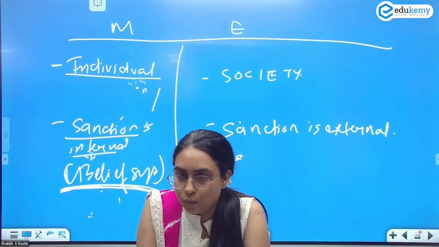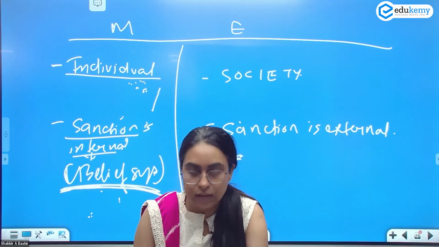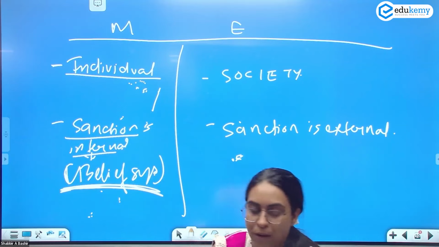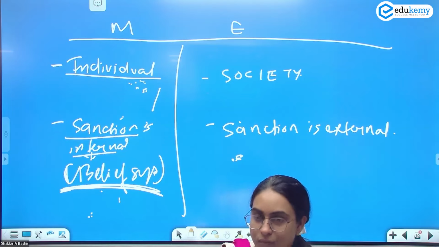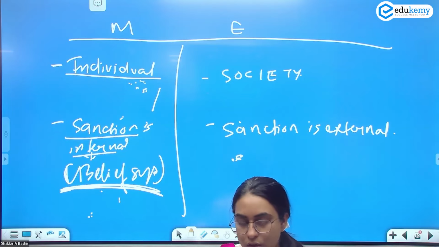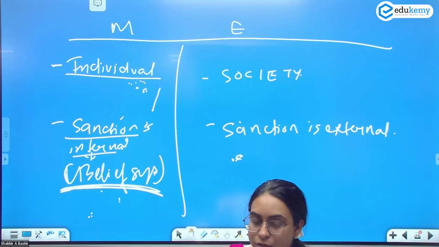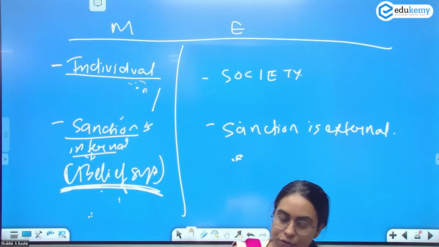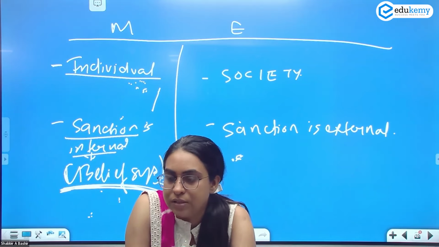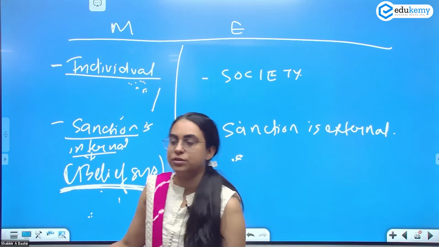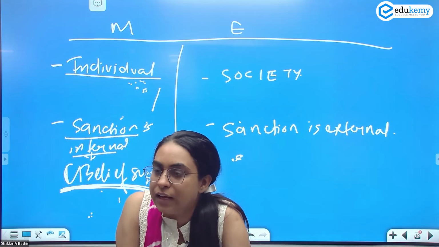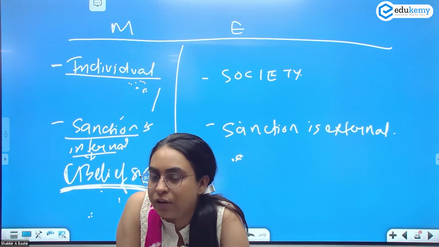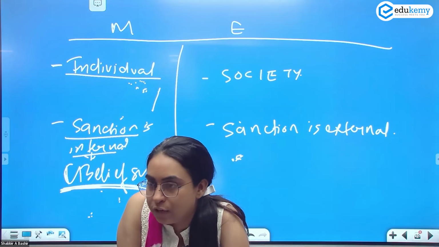Certain actions which were considered ethical once upon a time but were against the morality of the individual were child marriage, disapproval of widow remarriage, and all the examples in the chapter of social reformers. समझ आ रहा है? जितने भी examples पढ़ते हैं social reformers के chapter में, they were considered once ethical by the society, but they were in conflict with the morality of the individual.